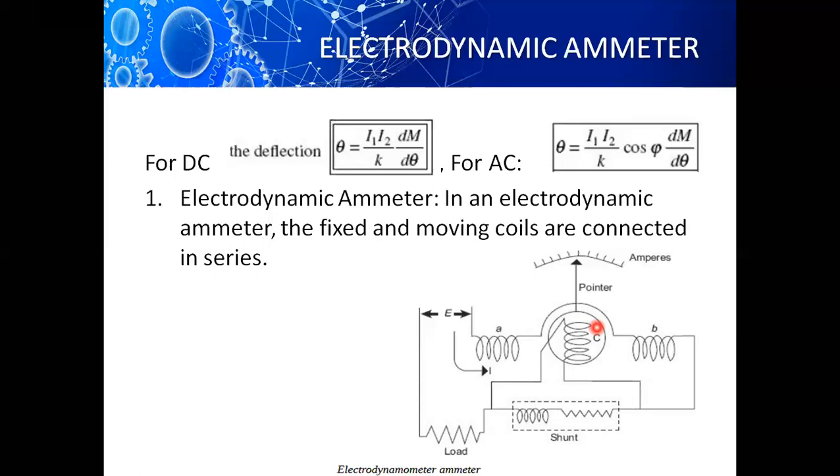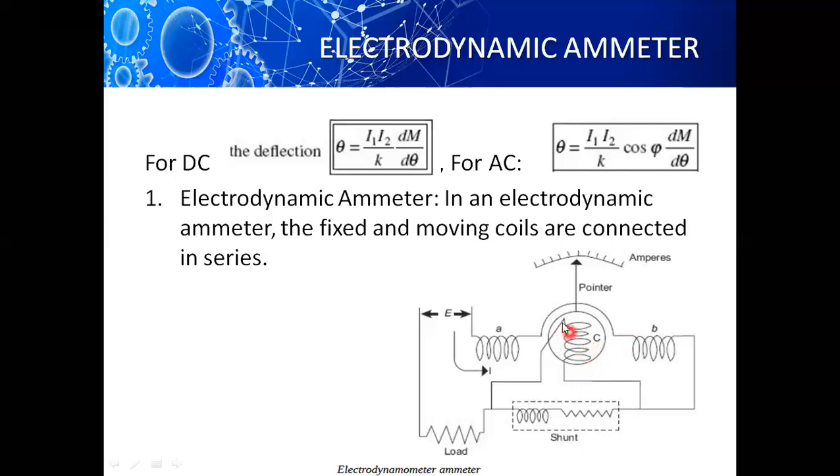Because the spindle is attached, and this pressure coil is attached to a moving system. Because it is a moving system, we'll have spring control torque. So springs will be leading current to the coil, and there will be a joint between the spring and the coil, and the spring will be so light and thin that it is not capable of carrying high currents, and hence we cannot allow high currents to flow through the pressure coil.